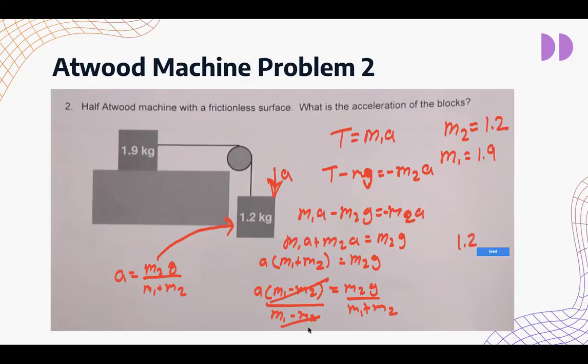We're taking G to be 10, let's just take G to be 10 meters per second squared, over 3.1. 12 over 3.1 is a bit less than 4. It's around 4.